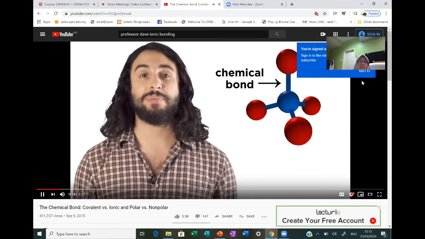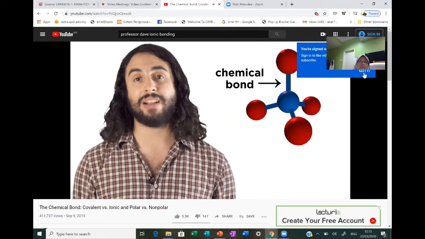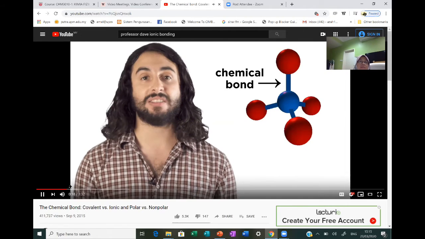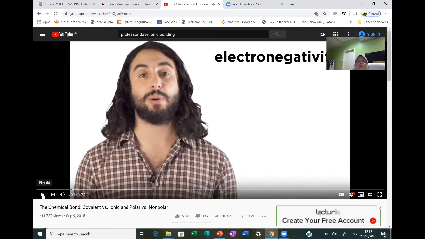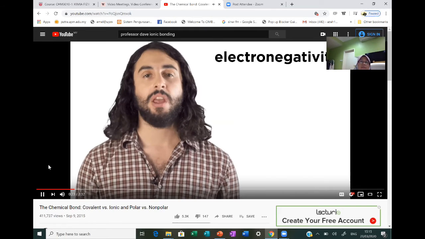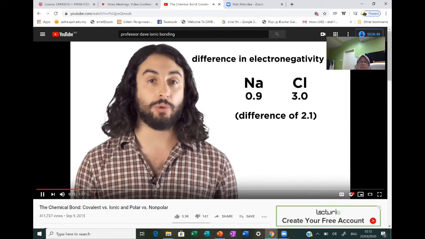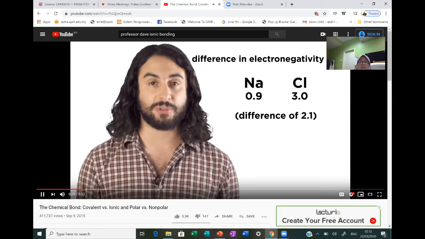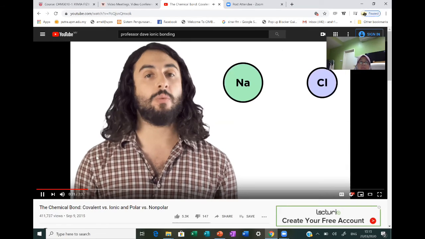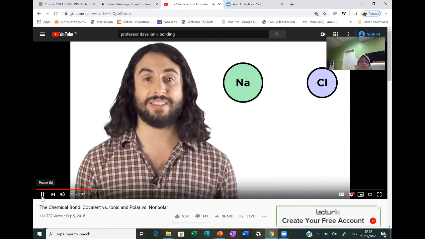There are different types of bonds that we will want to be able to describe, and the key to their formation has to do with the difference in electronegativity between the two atoms participating in the bond. If the difference is more than about 2, like with sodium and chlorine, chlorine will steal an electron from sodium. Chlorine really wants another electron. Sodium really wants to get rid of it.